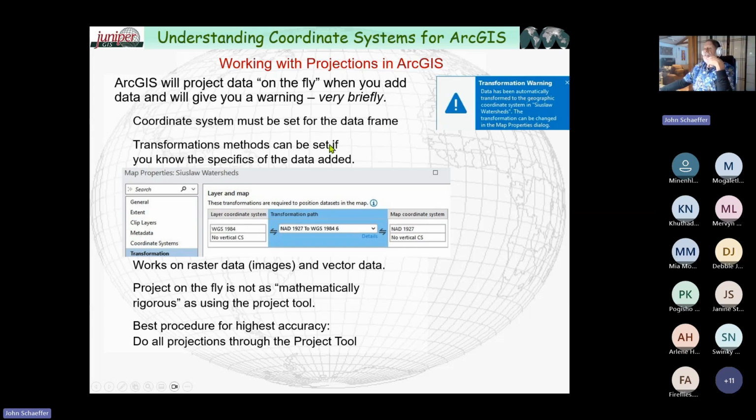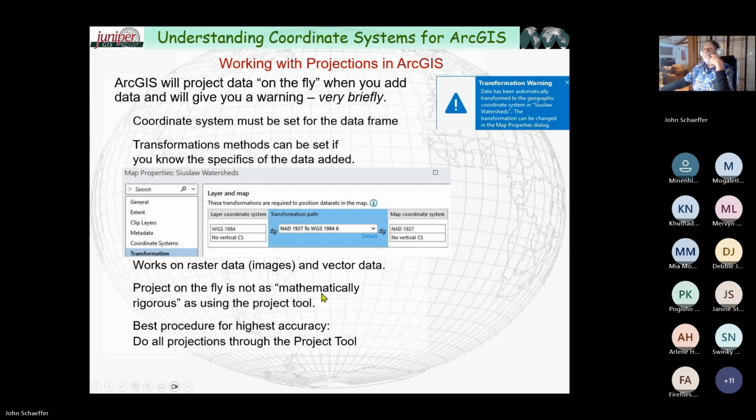Transformation methods can be set if you know the specifics of the data added. So in a lot of cases, I already know stuff I've worked with before. I can make sure the transformation is already set. This works on raster data and images and vector data. It's really a nice way to project rasters. Project on the fly is not as mathematically rigorous as using the project tool.